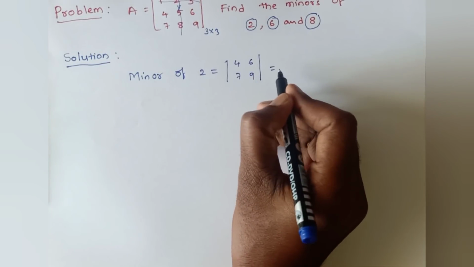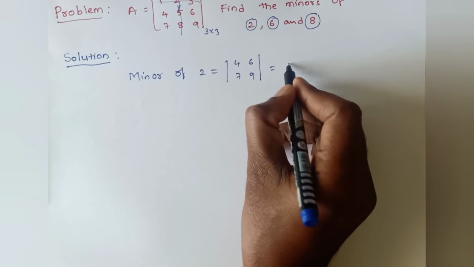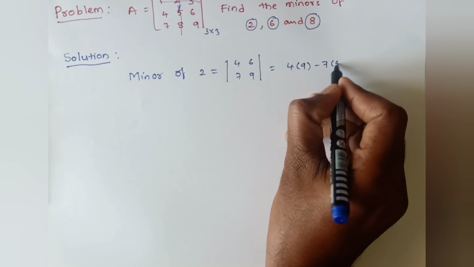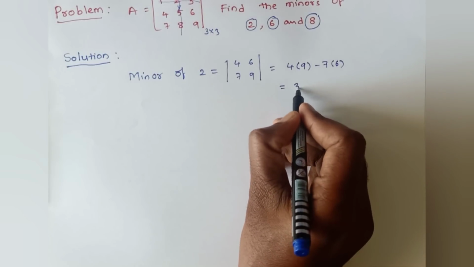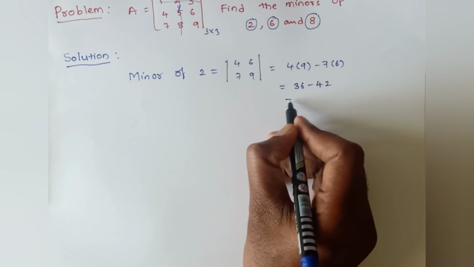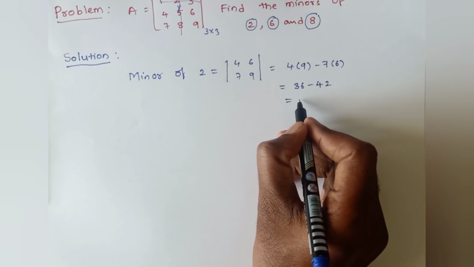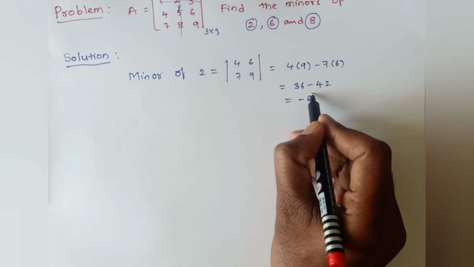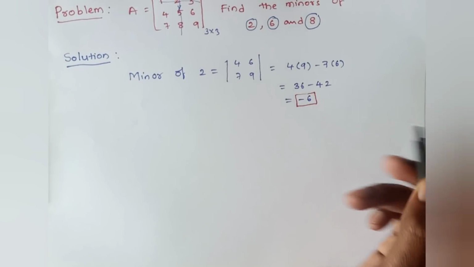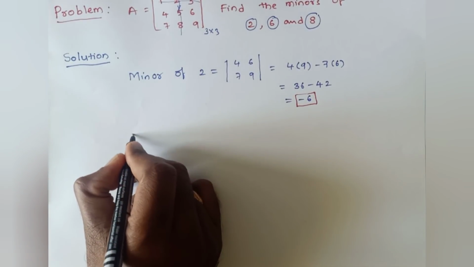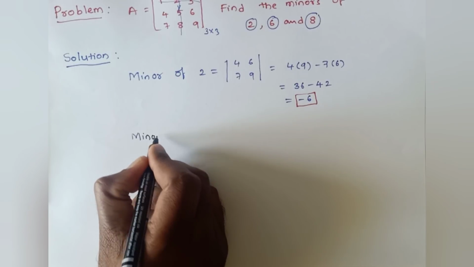You know the determinant of this 2 by 2 matrix: 4 into 9 minus 7 into 6. This is 36 minus 42, which is equal to minus 6. So the minor of 2 is minus 6.